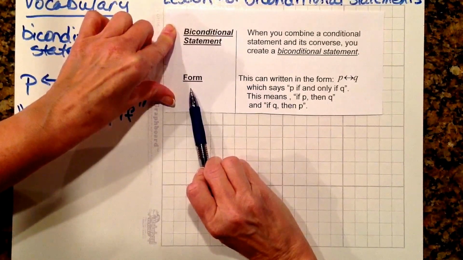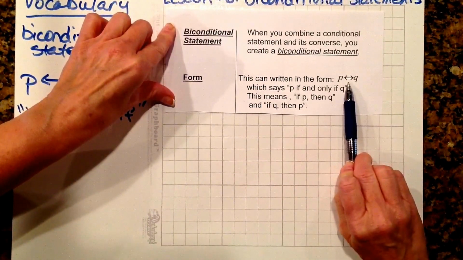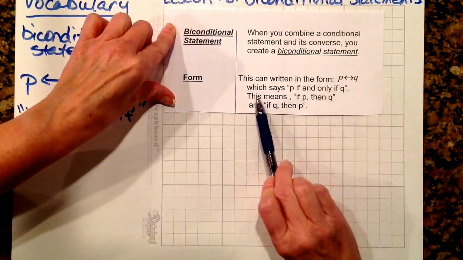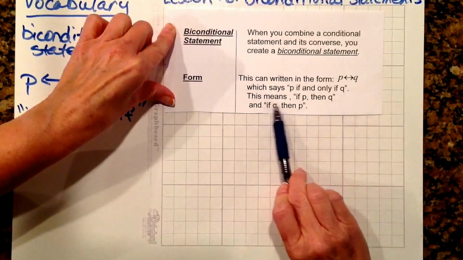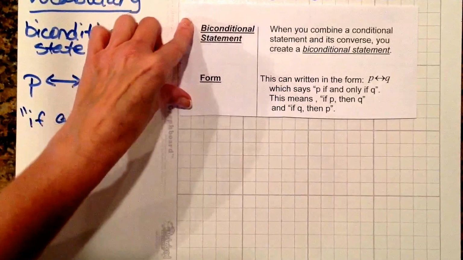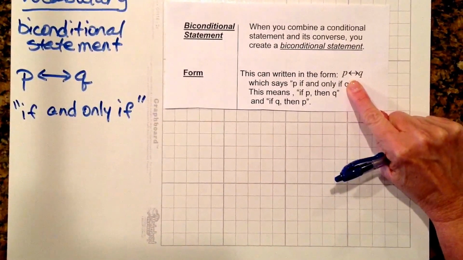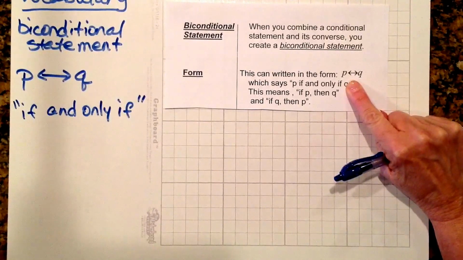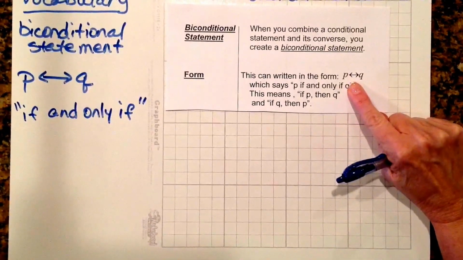It can be written in the form P, double arrow, Q, which says "P if and only if Q." And this means if P then Q, and if Q then P. So if you see this double arrow right here, that means it is a biconditional statement, and you're going to use the term "if and only if" in your sentence.